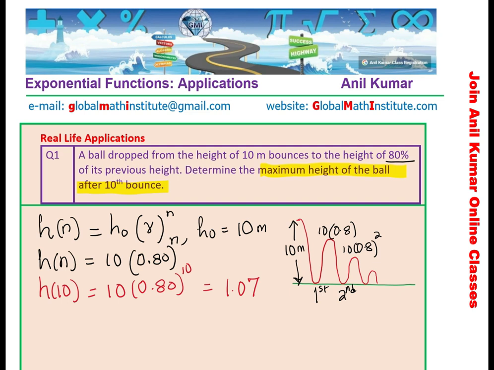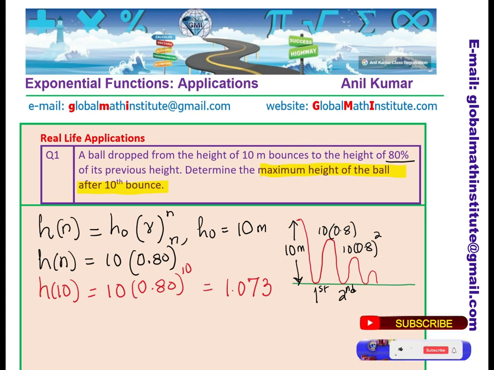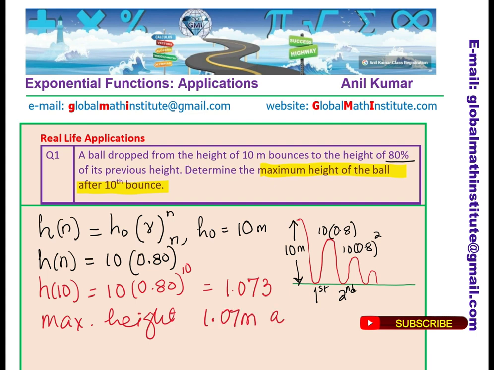Let's recalculate this: 0.8 to the power of 10, and multiply this by 10. It is always a good practice to check your answer. So it is indeed this much. We'll round it and write 1.07, so almost 1 meter. That is the maximum height achieved. So the maximum height will be 1.07 meters after the 10th bounce.